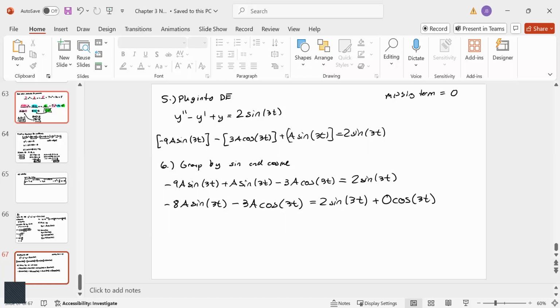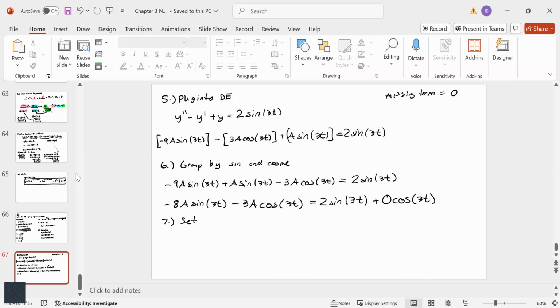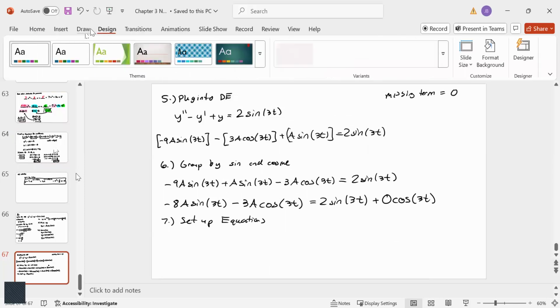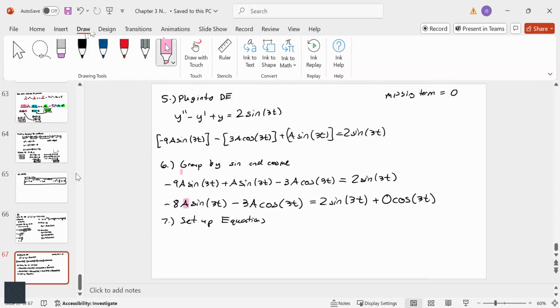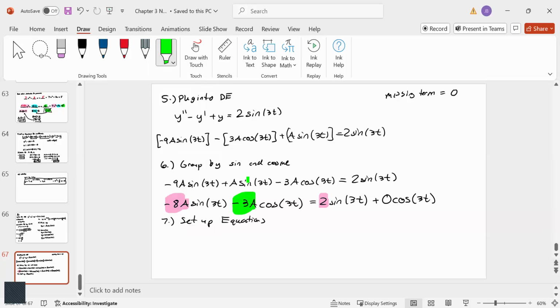Then I set up my equations. Step seven is set up equations. We get negative 8a and 2, and we get negative 3a and 0. So for sine, we get negative 8a equals 2.